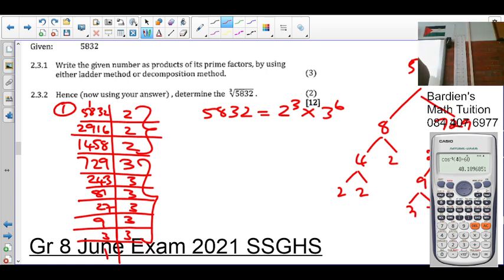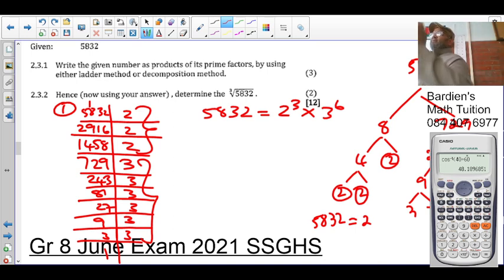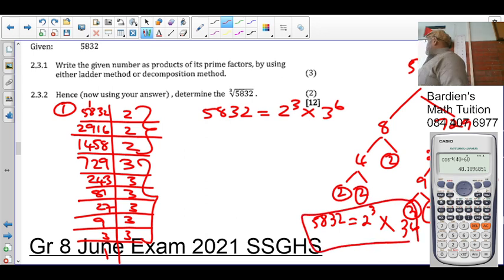So then 5,832 can be written as 1, 2, 3 2's. You just pick up the prime numbers, no? Times 1, 2, 3, 4, 5, 6 3's. And then that is the decomposition method, that is the ladder method.